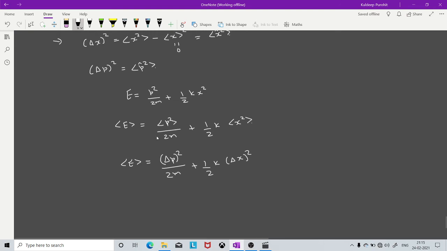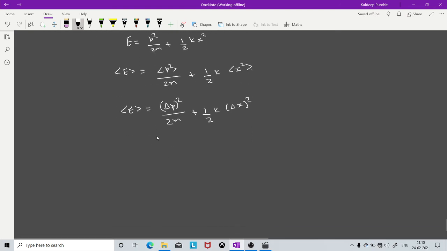Since we know that for the ground state, or generally, delta x square into delta p square is equal to h cross by 2, you can write delta p square is equal to h cross by 2 into delta x square.